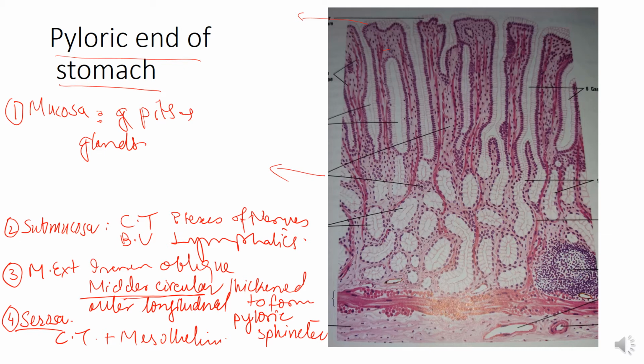So now you can see that in this region the pits are longer. Gastric pits are longer as compared to the gland, and the gland is shorter.